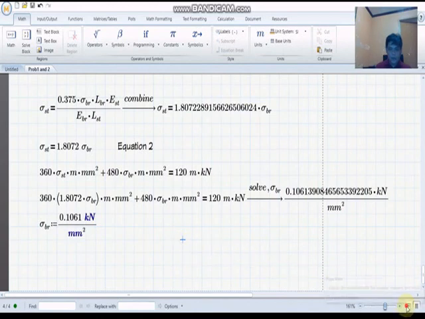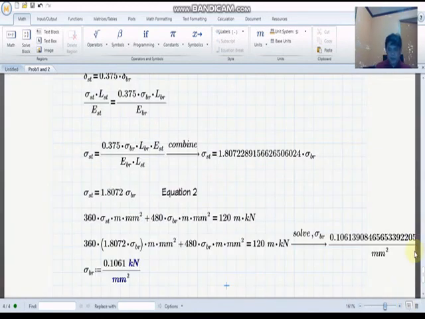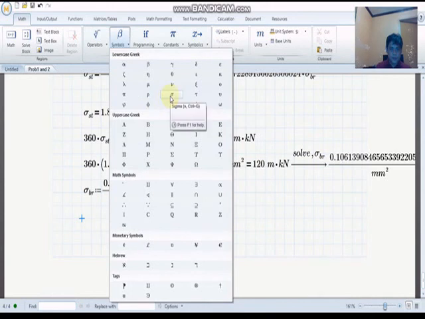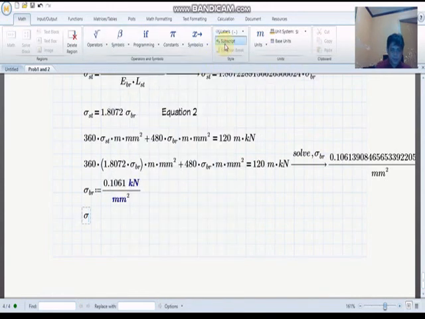So let's simplify now. The stress in the bronze is equivalent to 106.1 megapascal.